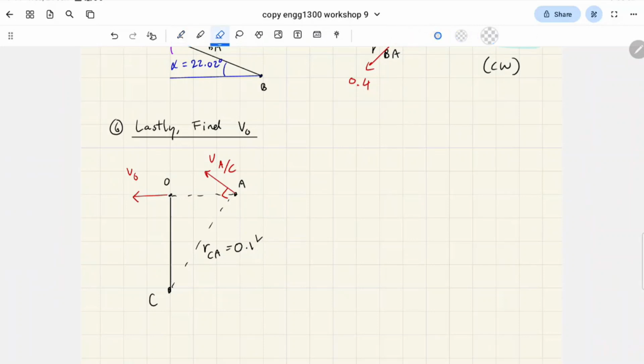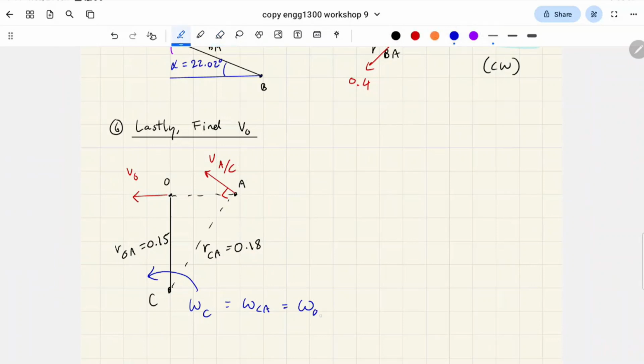And RCA is that, right? And yeah, the good thing about our instant center is that omega C is omega CA, and it's also omega, I've said CA twice, yeah, OA.